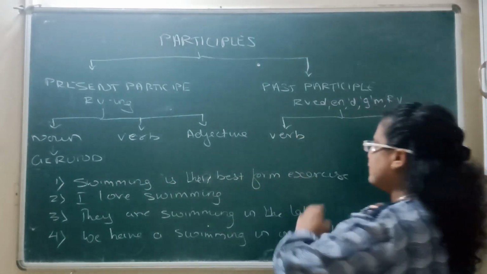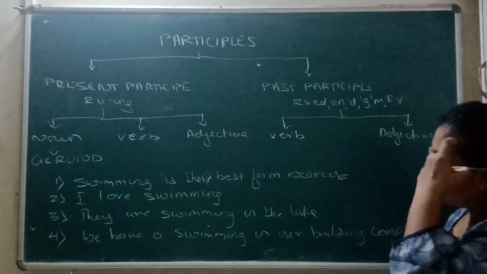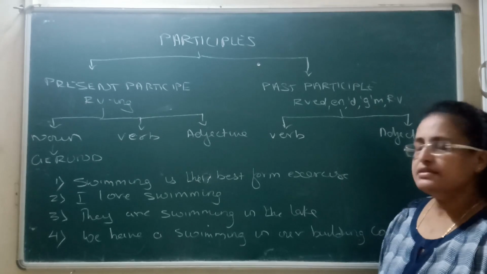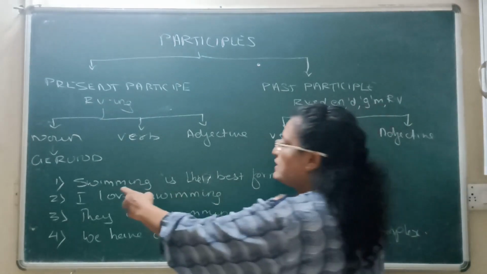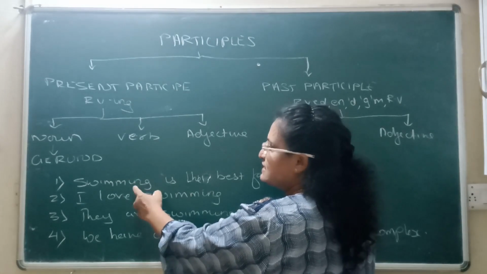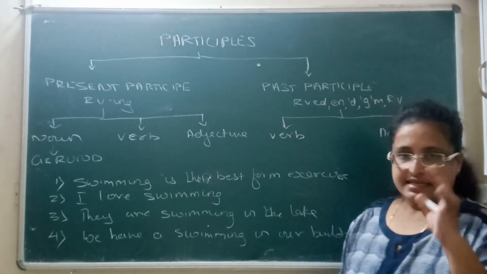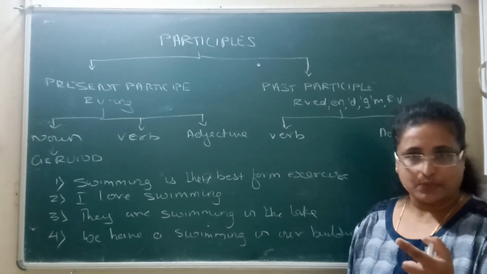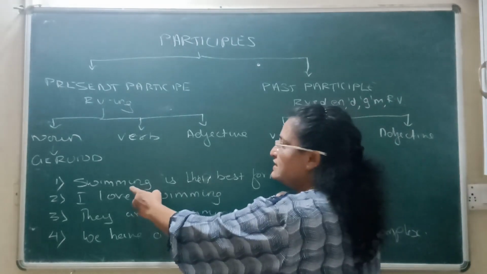Swimming is the best form of exercise. Now if you see here, what is the best form of exercise? Swimming. Here swimming is taking the place of a subject just before the finite verb. So this is a gerund. Here the present participle ing is taking the form of a noun, and therefore this is known as gerund.